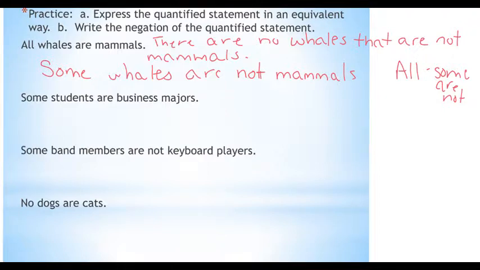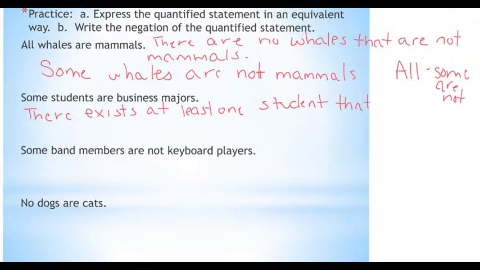Now, the equivalent way to express this statement is, and you want to do it just like they do, exactly like this, there exists at least one student that is a business major.